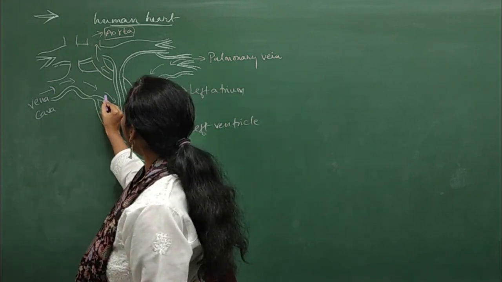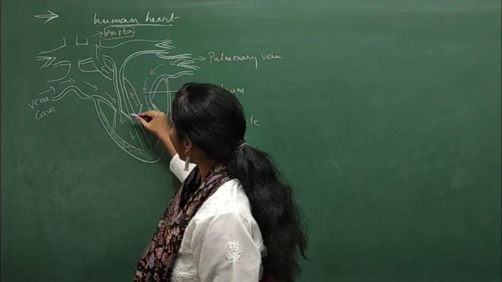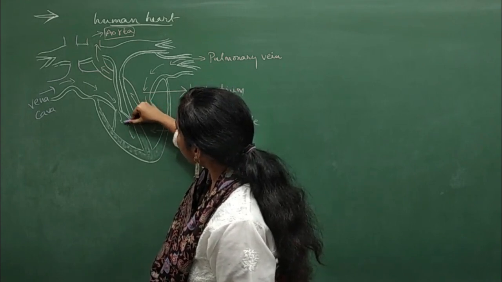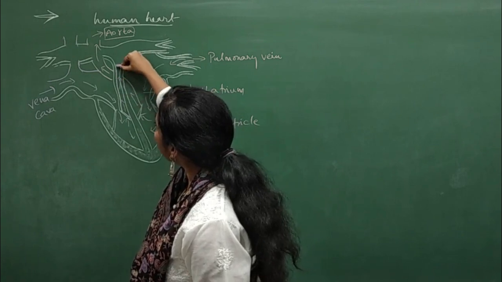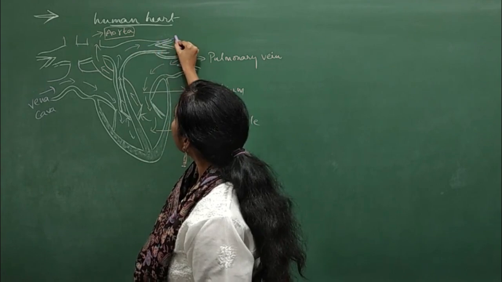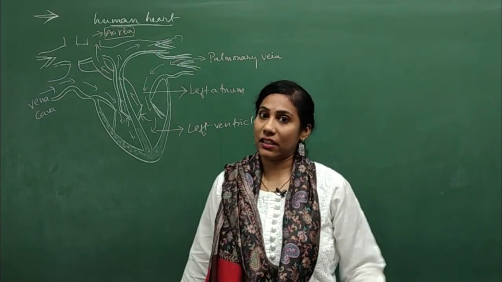From the right atrium to the right ventricle. And then from the right ventricle the blood will move into the pulmonary artery. From the pulmonary artery, the blood will go out and it will reach the lungs.